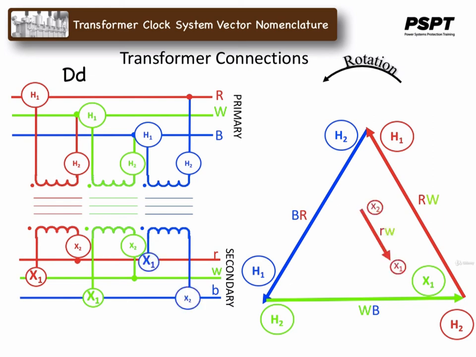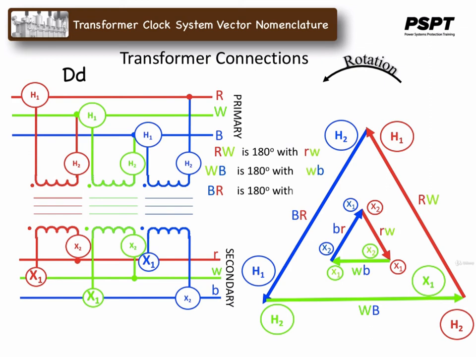The phasors of the secondary would be reversed, giving us this phasor configuration, meaning that the red to white primary voltage is 180 degrees out of phase with the red to white secondary.